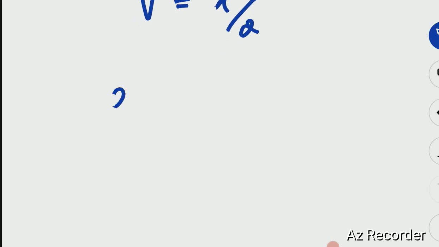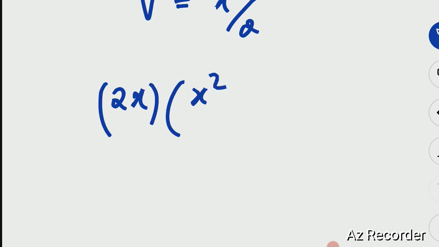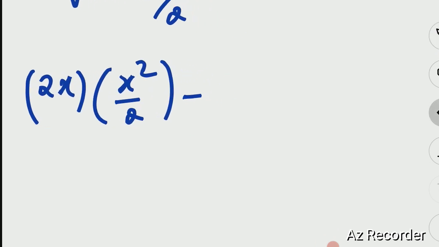We have u as ln 2x times x squared on 2, minus the integral of v du. What's our v?